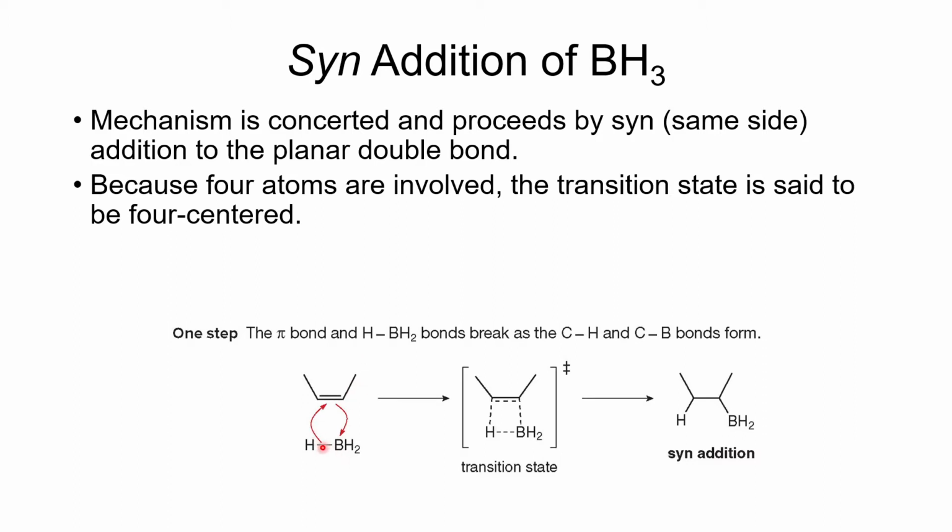But we're going to take the sigma bond between boron and hydrogen, make a new bond with this carbon, and then we'll take the pi bond and make a new bond with this boron. So in the transition state, we're breaking this sigma bond, breaking that pi bond, and making these 2 sigma bonds. All right, so one step to do that reaction. And again, we call that a 4-centered transition state.